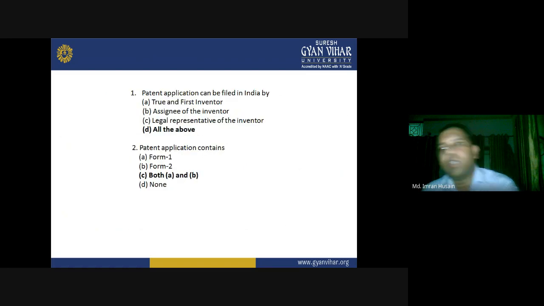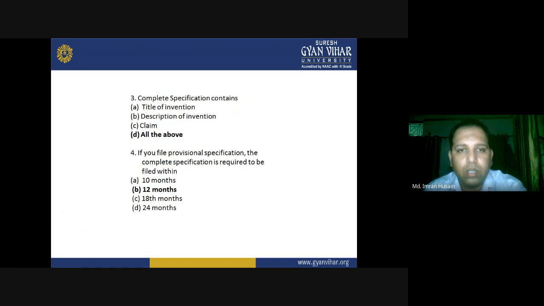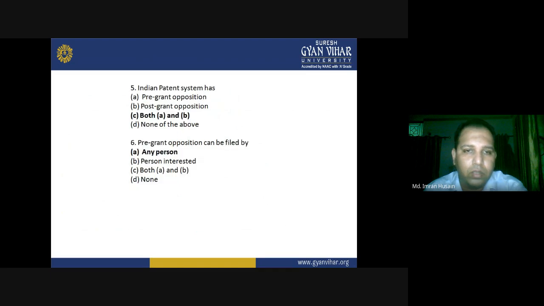So these are the MCQs. Patent application can be filed in India by all the above. Patent application contains both Form A and Form 2. Complete specification contains all the above. If you file a provisional specification, the complete specification is required to be filed within 12 months.